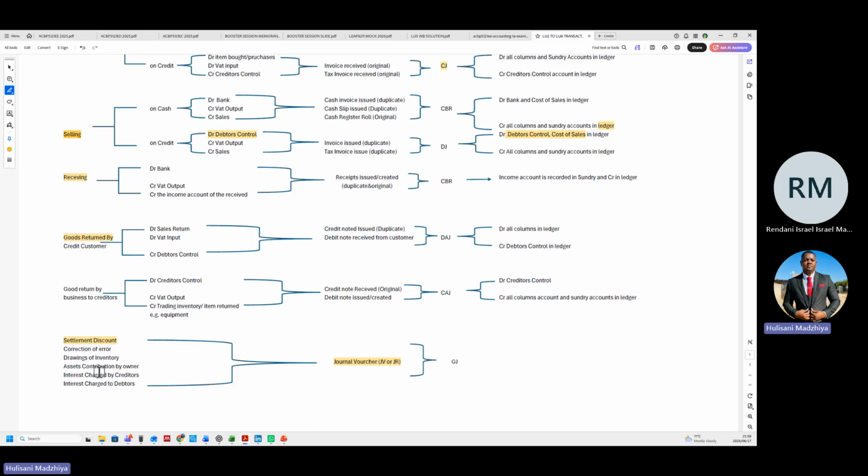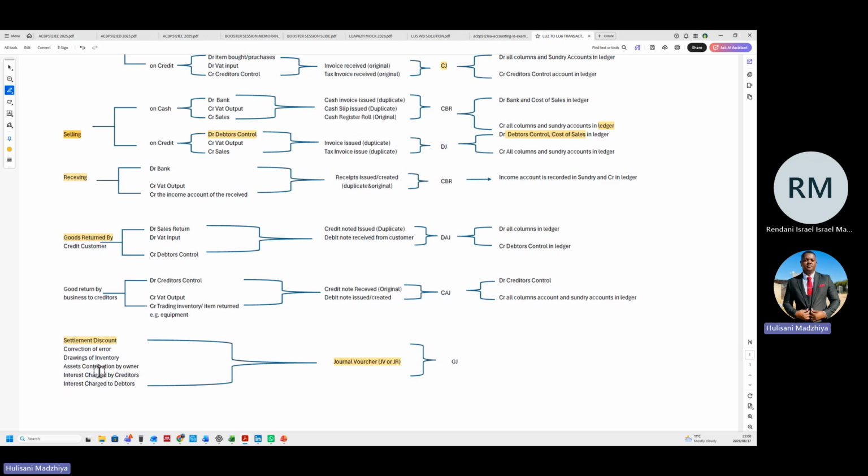So this means that that 200 will be recorded in the general journal. In the debit, discount received, and then the credit, debtors control. I will also show you the transaction in the general journal.